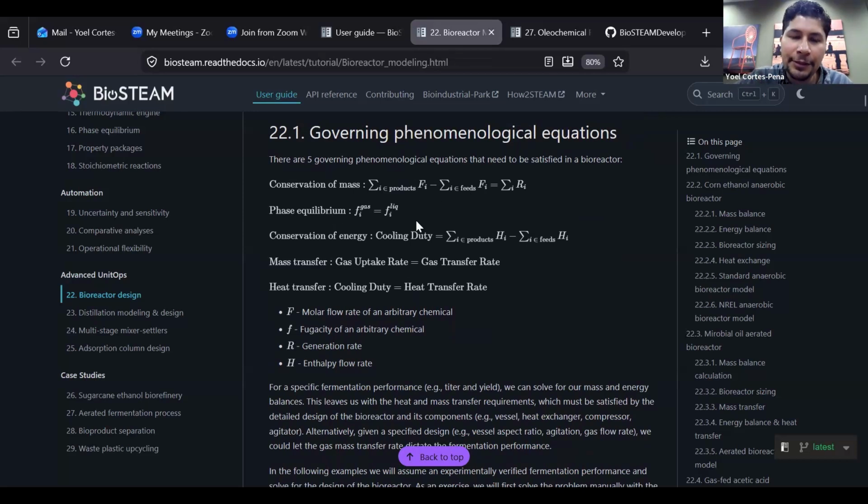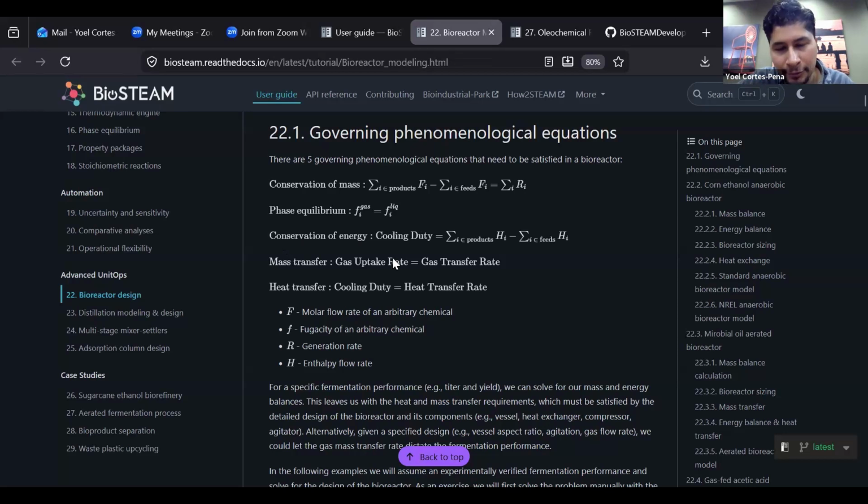Your phase equilibrium, so your fugacity in the gas and the liquid need to be the same. So that's what allows a certain fraction of ethanol and humidity to leave to the vapor phase in fermentation, for example. Or if you're looking at aerobic fermentation, then you have this equilibrium between oxygen in the gas phase and the liquid phase that helps determine also your mass transfer.